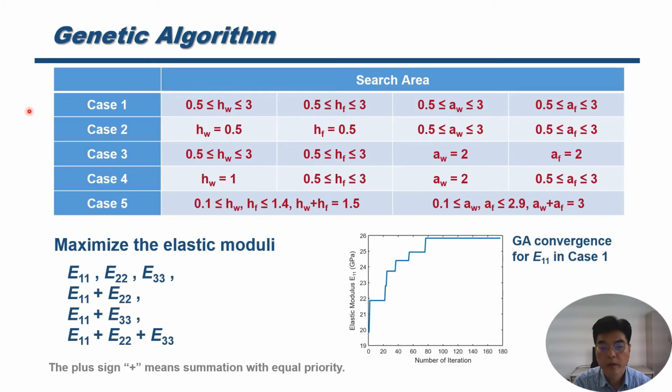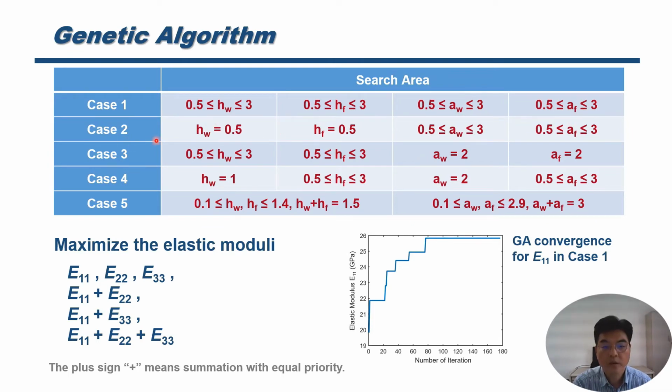Okay, we set up 5 search area cases, from case 1 to case 5. For case 1, all the variables are between 0.5 and 3. So HW is 0.5 to 3, and HF, AW, and AF also.